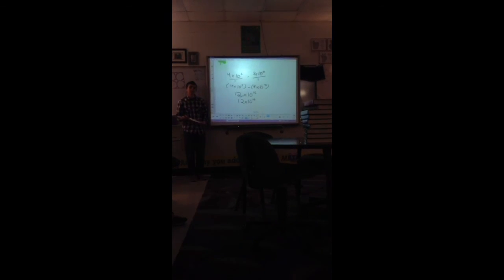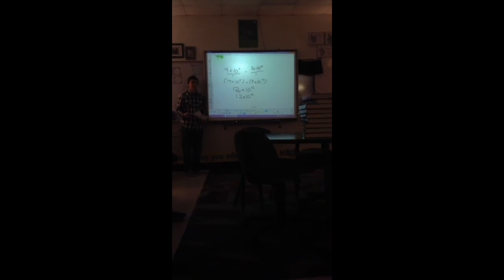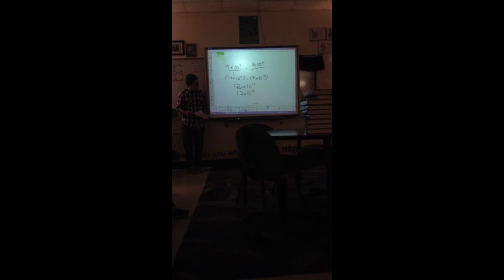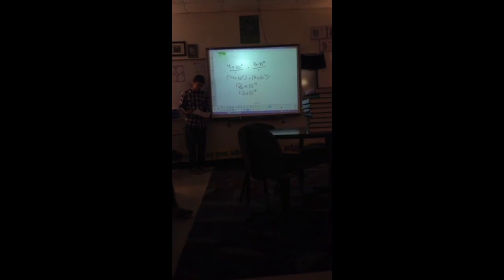So you can't have 12. So River's saying because you can't have 12 times 10 to a power, you move the decimal. You have to divide it by 10 to get that decimal in the right place. And when you did that, you have to say, well, to get it back to its normal number, you're going to have to bring one more 10 out there. So that's where that one more 10 came from.